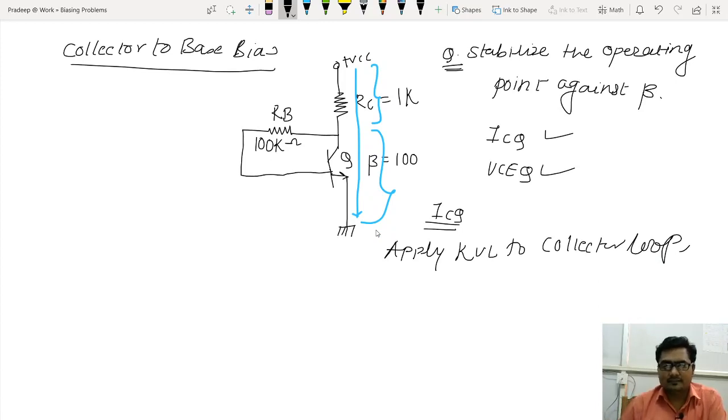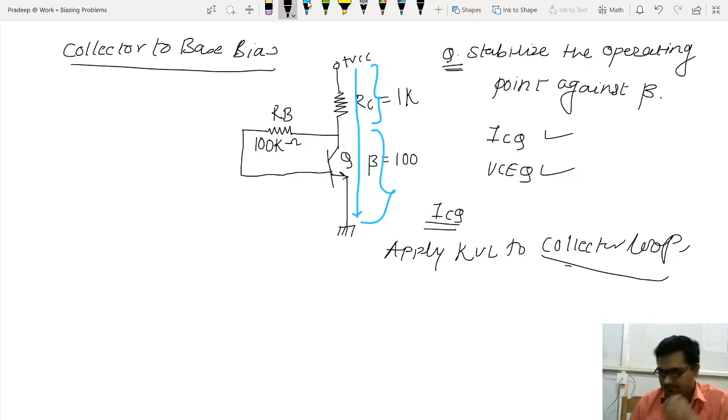But if I apply KVL to the collector loop, I will have this current and this voltage also. But this current is not known. The current flowing through the collector is not known at all. So I will be able to find only the base current.